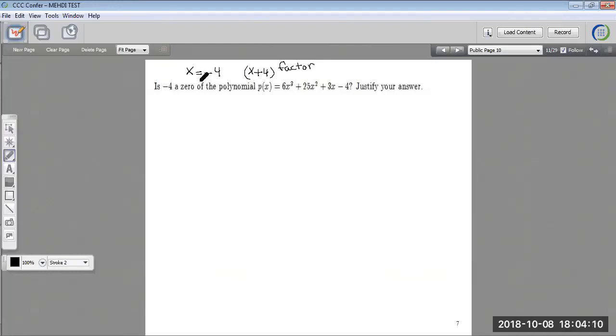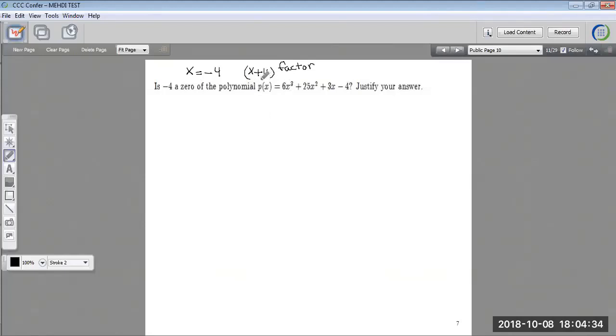If you get 0 as a remainder, the answer would be yes. X plus 4 would be the factor, therefore x equal to negative 4 would be the 0 of the polynomial. So we need to either divide this polynomial by x plus 4 using long division or synthetic division. That would be a long way of doing that.